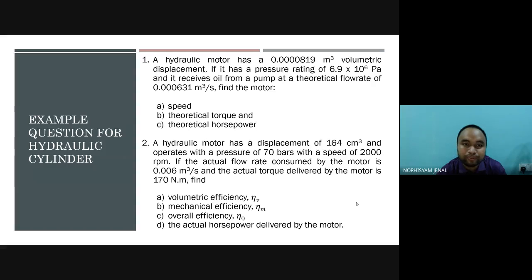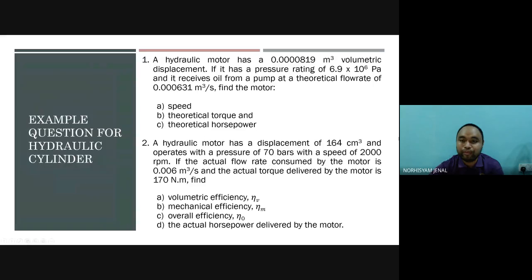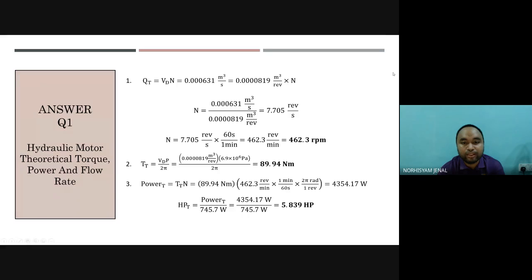So as usual, bila ada soalan macam tu, adalah example question for hydraulic cylinder like this. So this is almost the same as the one we did for pump, cuma ni in terms of motor. And here we have Q1, Q2.